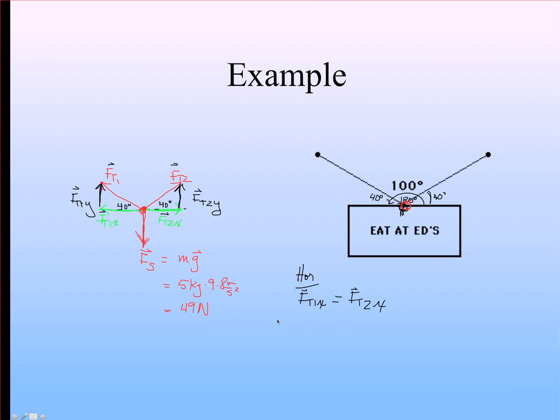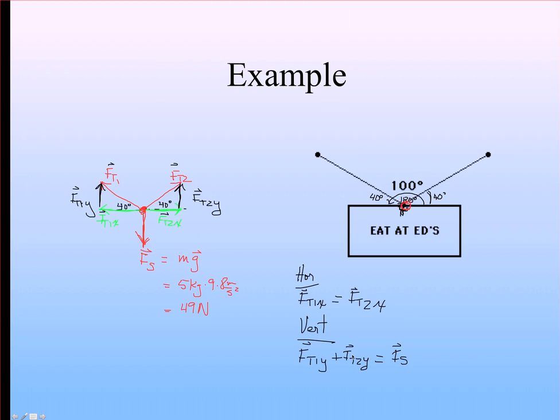And in the vertical, since again we're in equilibrium, the two up forces must equal the one down force, which is to say that Ft1y plus Ft2y are equal to Fs.